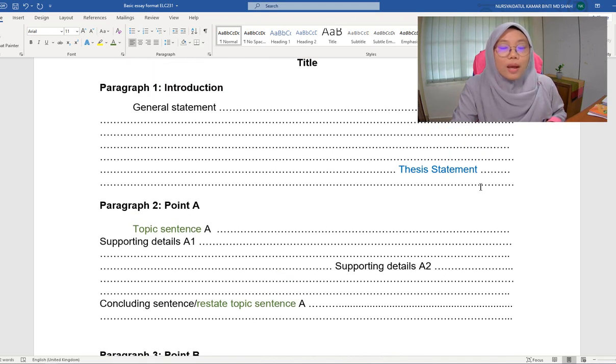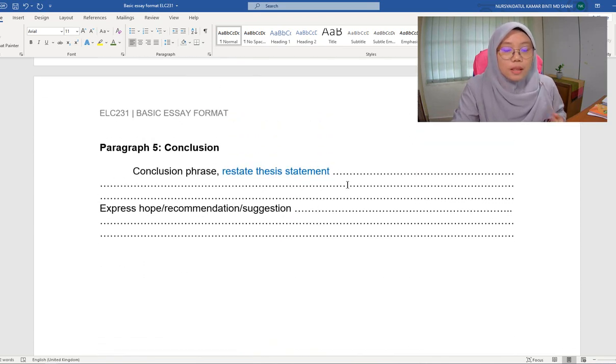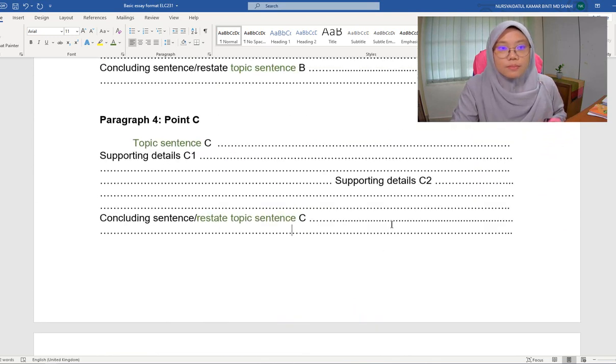It is recommended that you paraphrase the statement first. So if you write it one way here, when you need to restate the thesis statement, make sure that you paraphrase. And later, we are going to take a look at how to paraphrase.